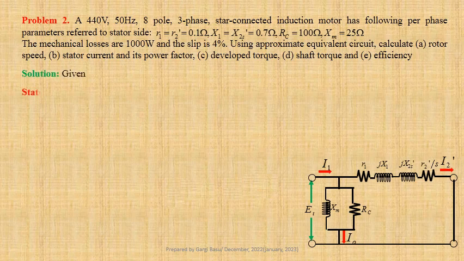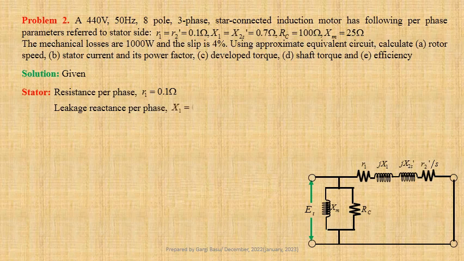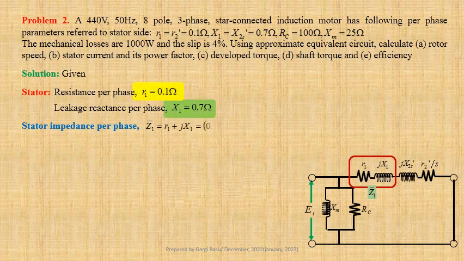For stator winding, resistance per phase R1 equals 0.1 ohm and leakage reactance per phase X1 equals 0.7 ohm. Expression for stator impedance per phase Z1 equals R1 plus jX1 equals 0.1 plus j times 0.7 ohm.